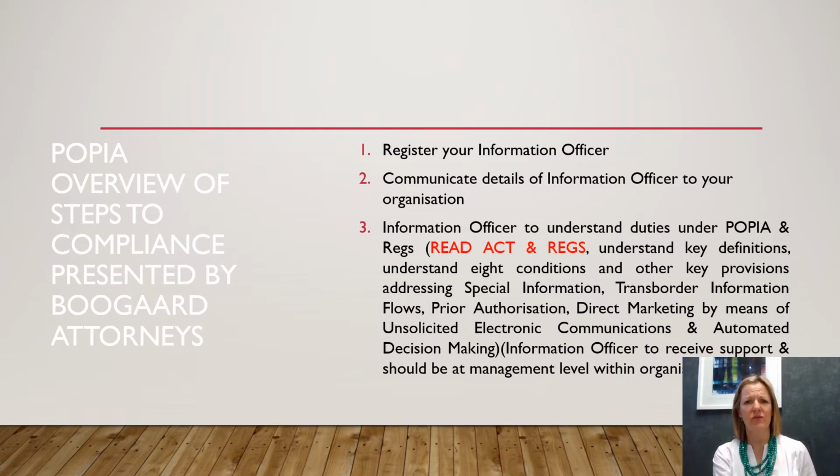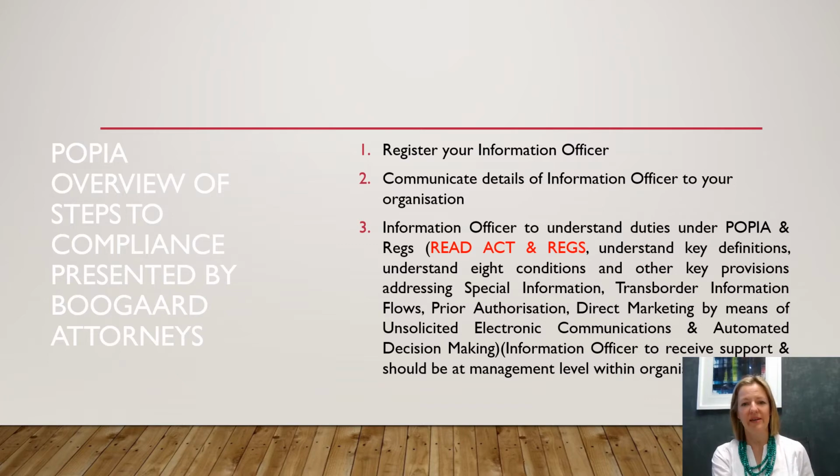So, obviously suggestions are: understand key definitions, understand the 8 conditions and other key provisions addressing, for instance, special information, transfer of personal information outside of South Africa, prior authorization, direct marketing by means of unsolicited electronic communications, and automated decision making.